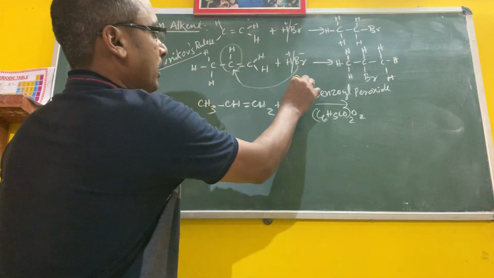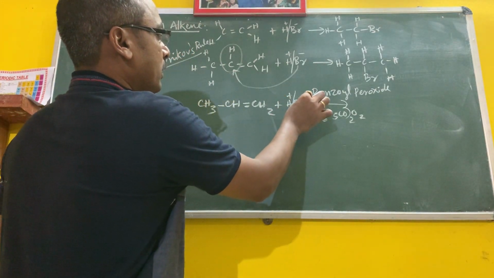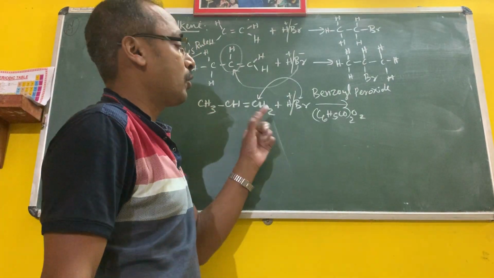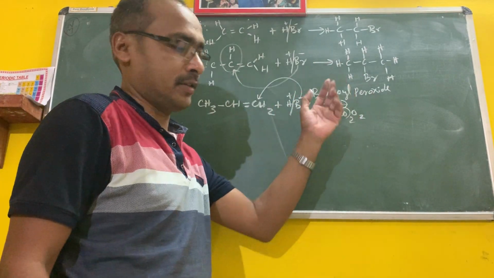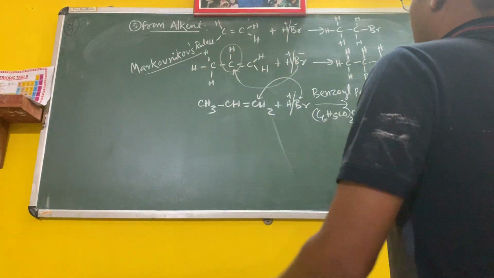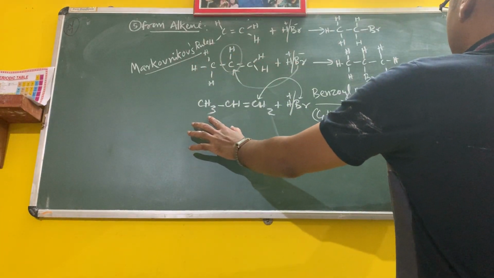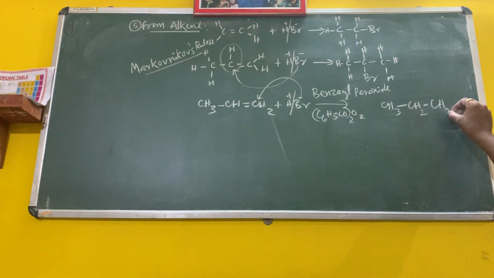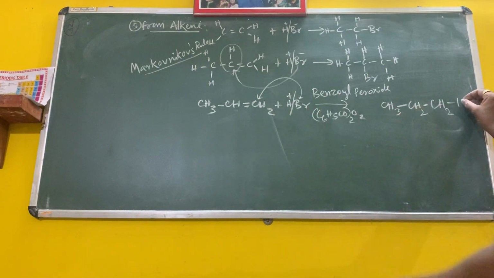Here the negative addendum goes to that doubly bonded carbon atom which contains the more number of hydrogen atoms. So the product is changed. That is CH3CH2CH2Br, with one hydrogen added to the CH. This is the product.